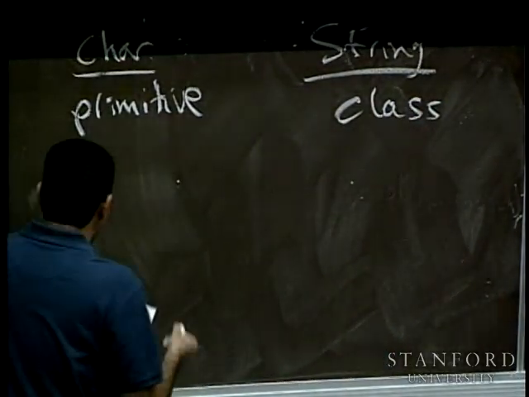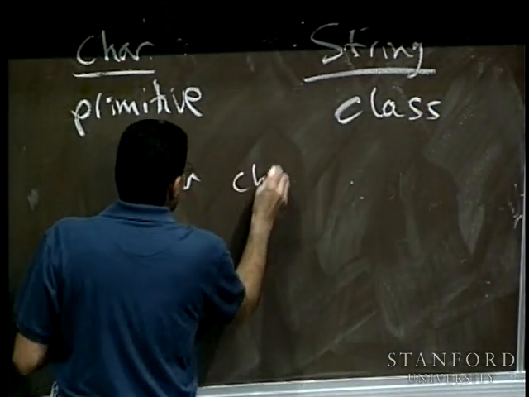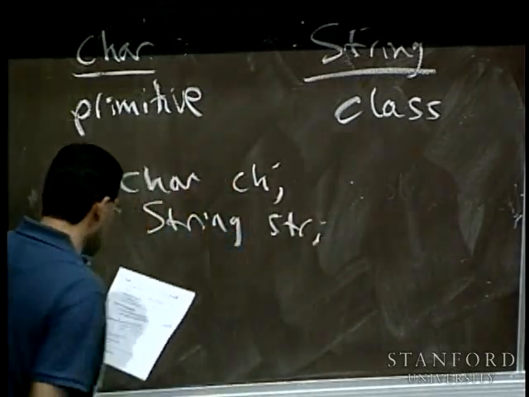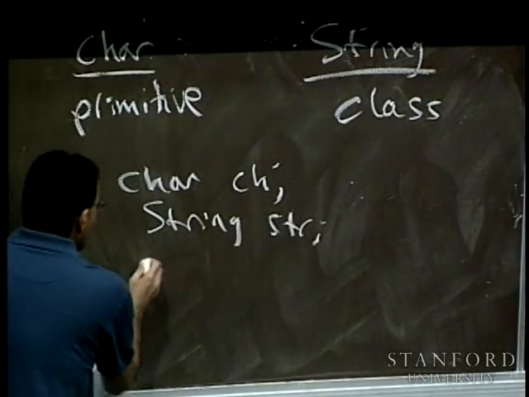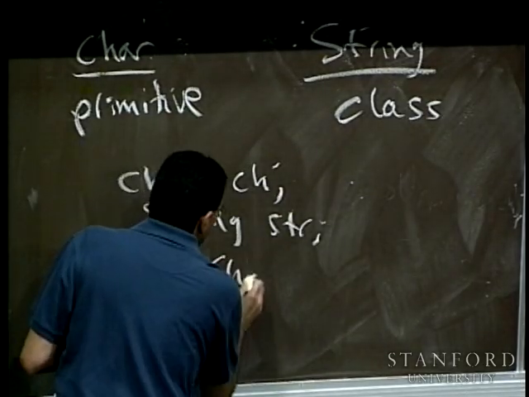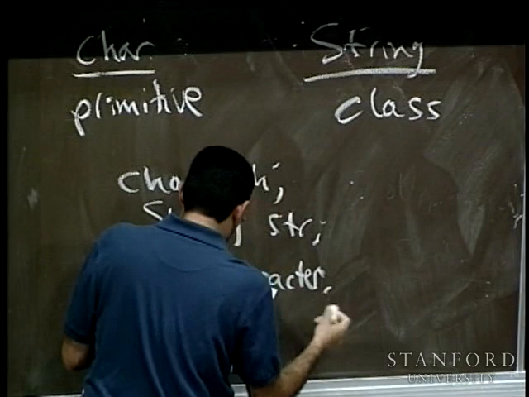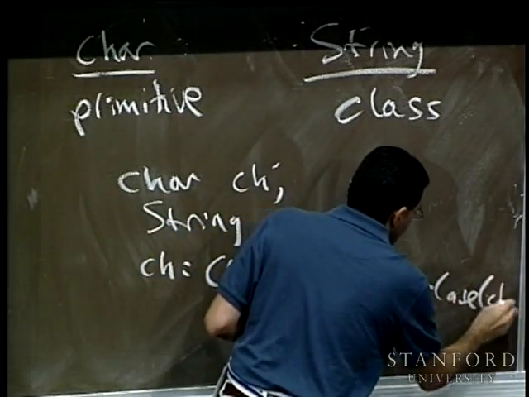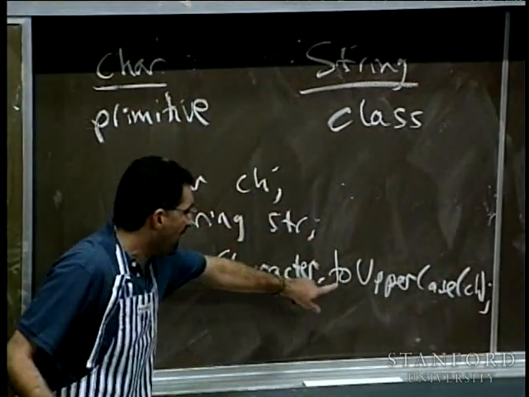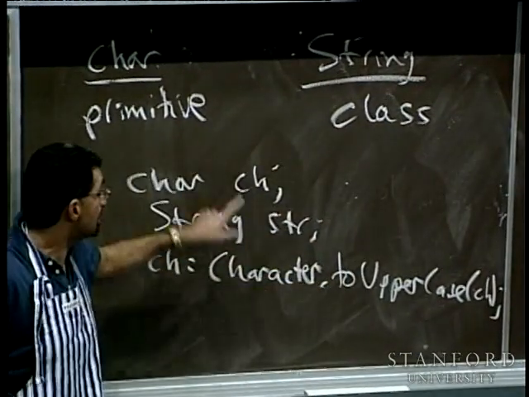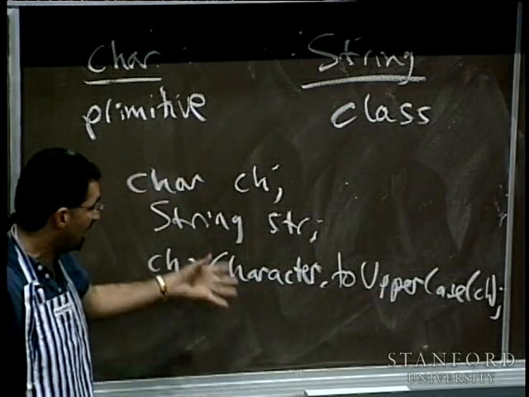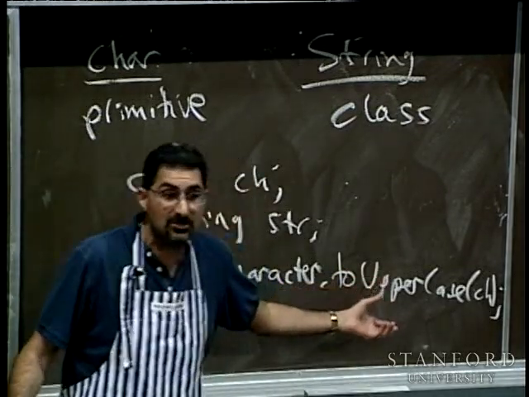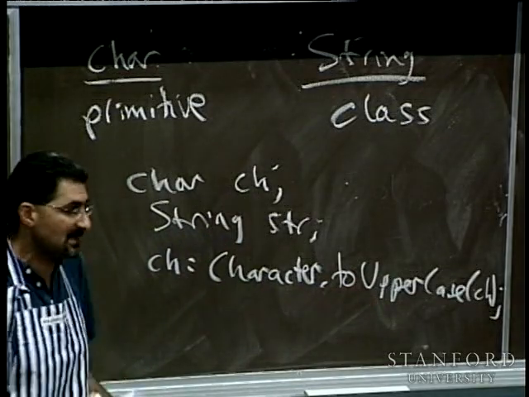Okay, so if I were to have char ch and I were to have string str, and I want to do something like converting to uppercase, for ch I have to call character dot to uppercase, pass in ch. I don't actually pass this message to ch because ch is not a class. It's a primitive type. I need to call this funky class and say, hey, class character, let me use your to uppercase method to create this character.